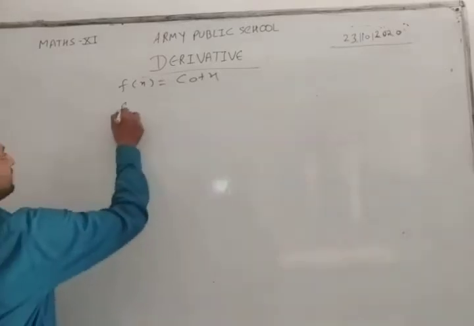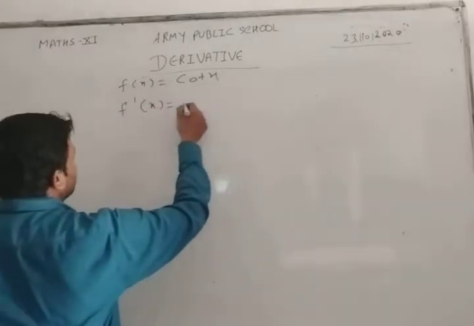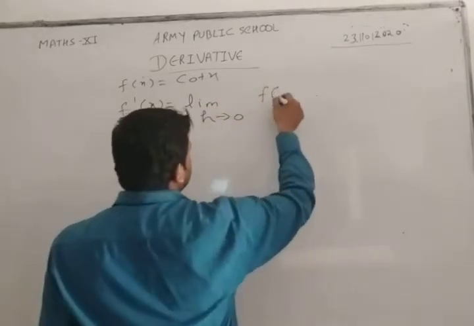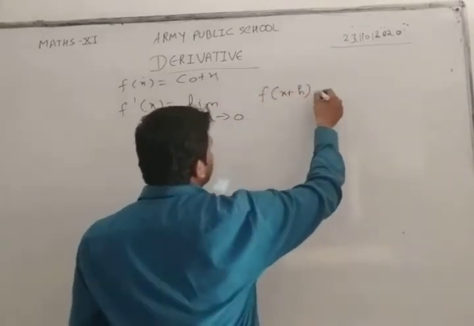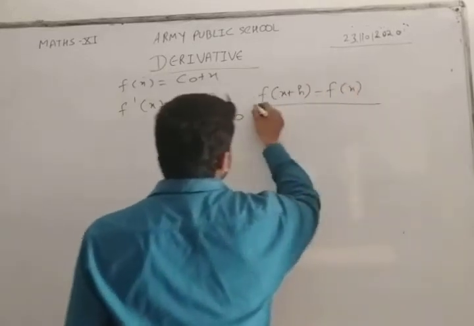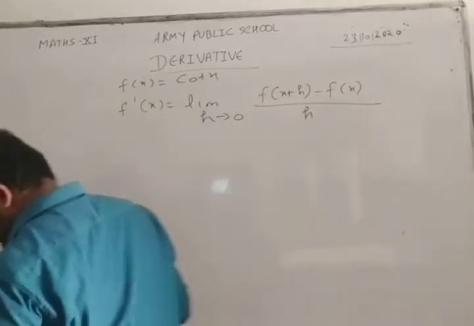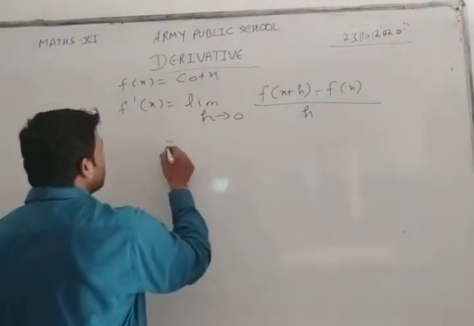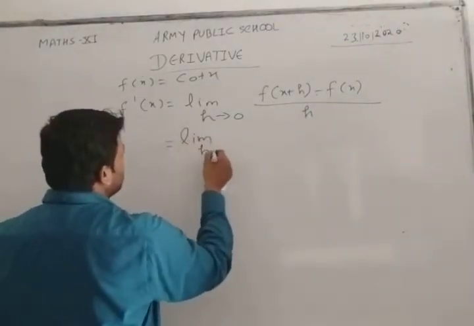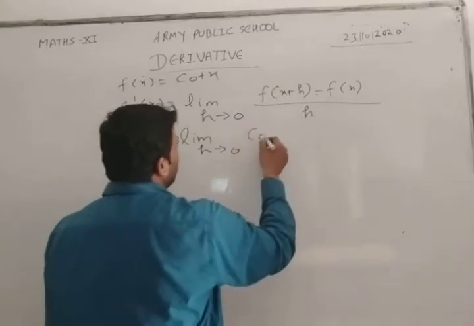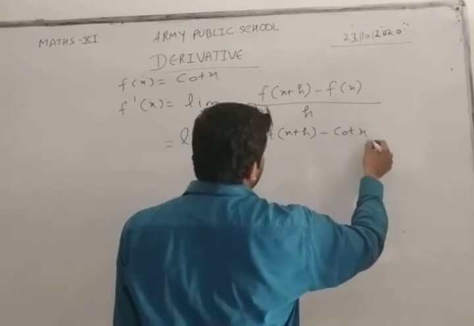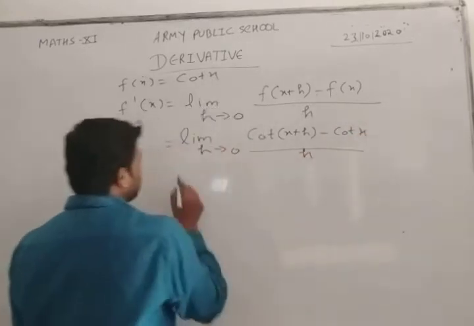So let f'(x) be equal to limit h tends to 0, f(x+h) minus f(x) by h. Put the value: limit h tends to 0, cot(x+h) minus cot x divided by h.